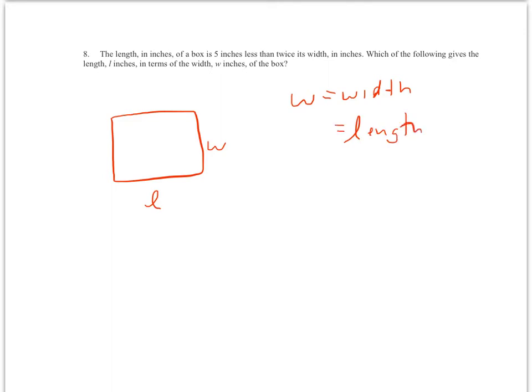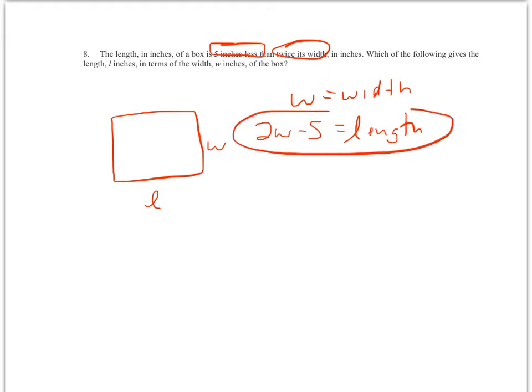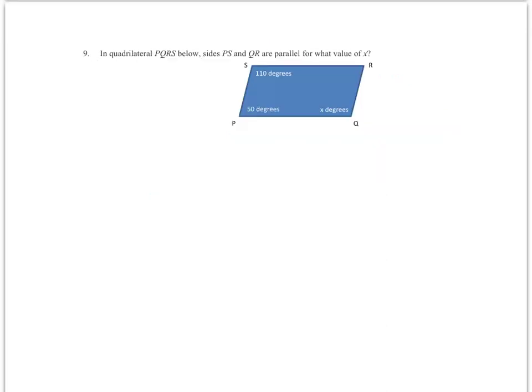It says that the length is 5 inches less than twice the width. So if we double the width and then subtract 5 from it, twice means times 2, 5 inches less means subtract 5. Which of the following gives the length L in inches in terms of the width? That's this right here. Twice the width less 5.